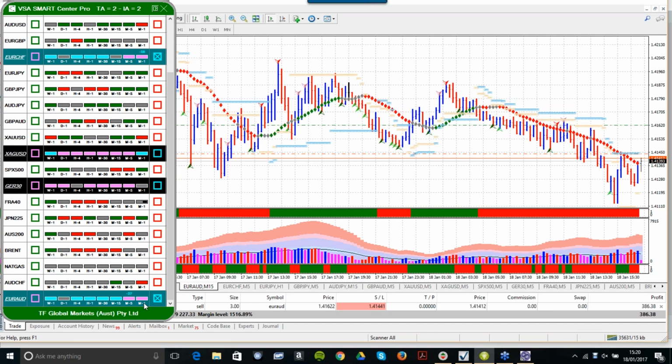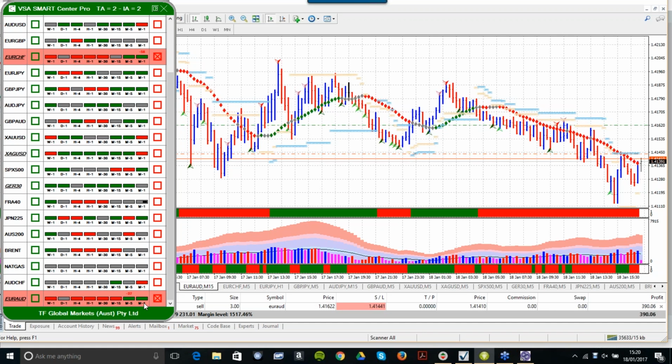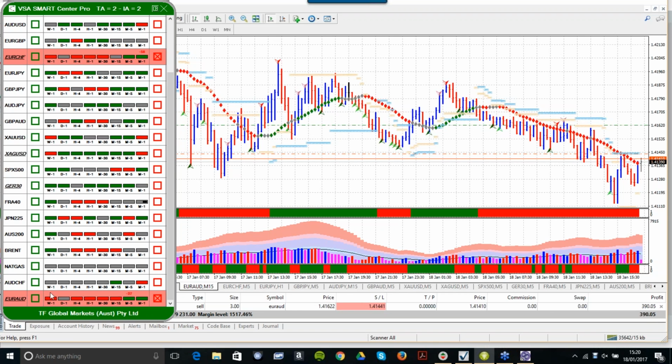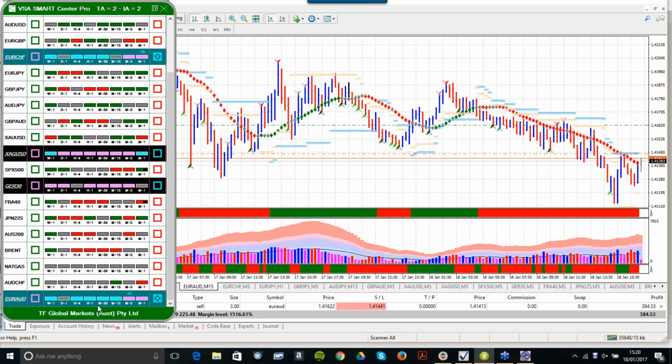M1 is 1-minute chart. I have a number of customers at the moment that are only using 1, 2, 3, 4, 5-minute and 6-minute, 7-minute charts. They're just using very small time frames to scalp. That's all they're using. So you can use this for your style of trading. It doesn't have to be what I'm doing.